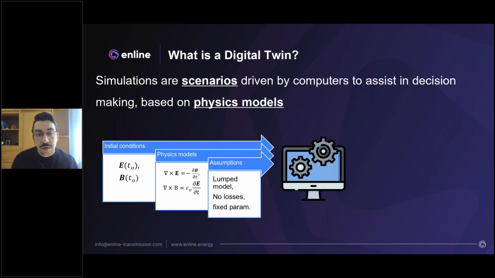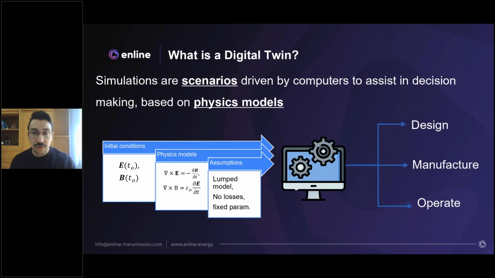We have a program that describes the physics of a phenomenon, and then we have the initial conditions. And with that, the engineer configures the simulation and uses the outputs to design, manufacture, or operate processes or systems. Okay, so let's have this in mind.